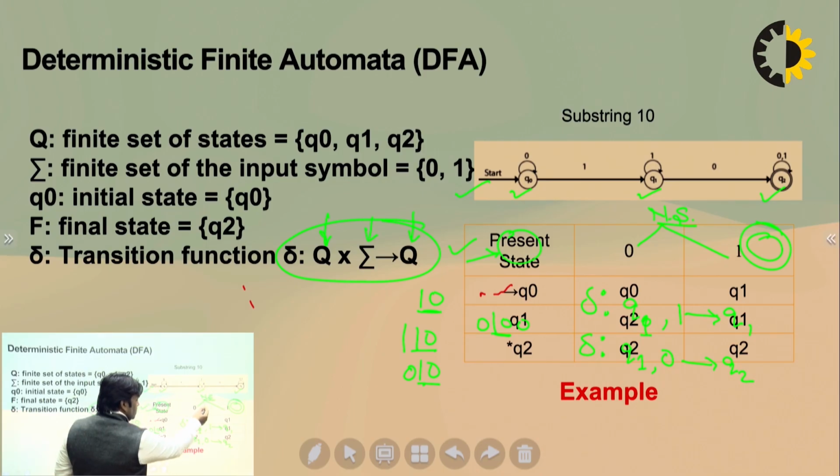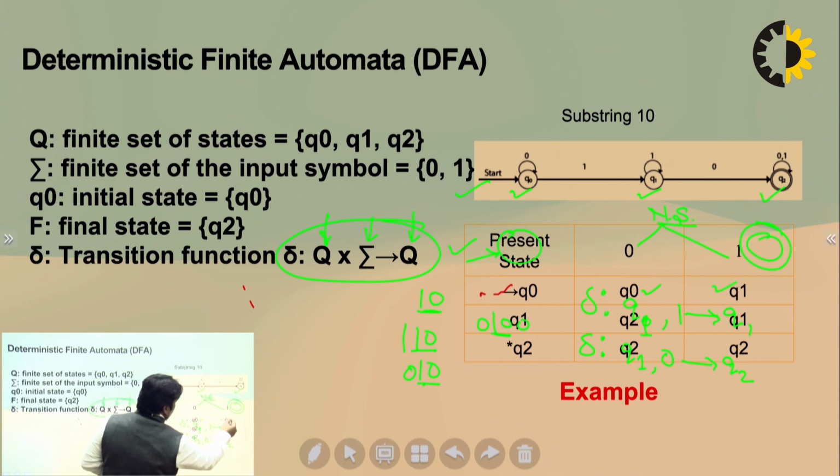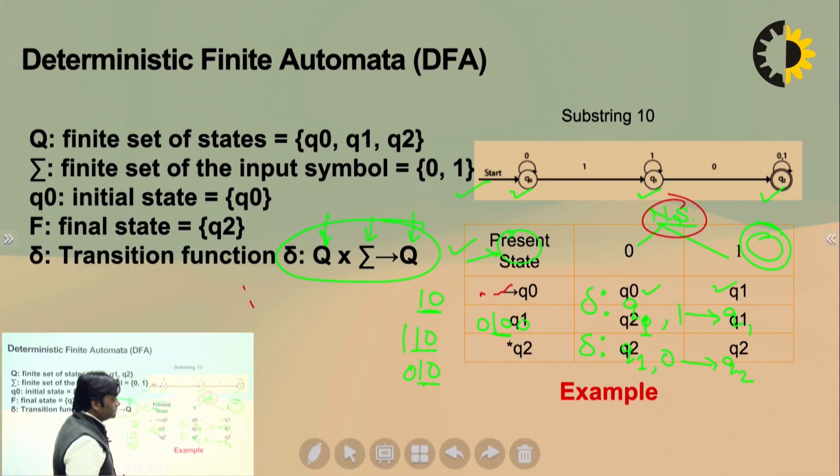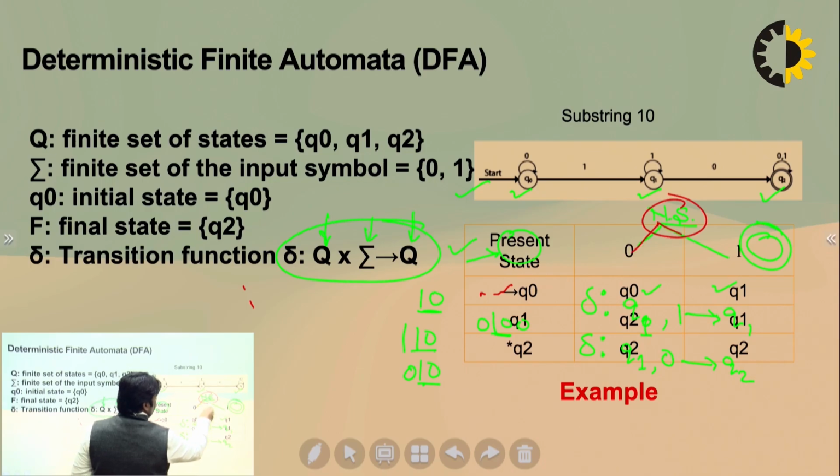When the input symbol is 0, the next state is Q naught. When the input symbol is 1, the next state is Q1.